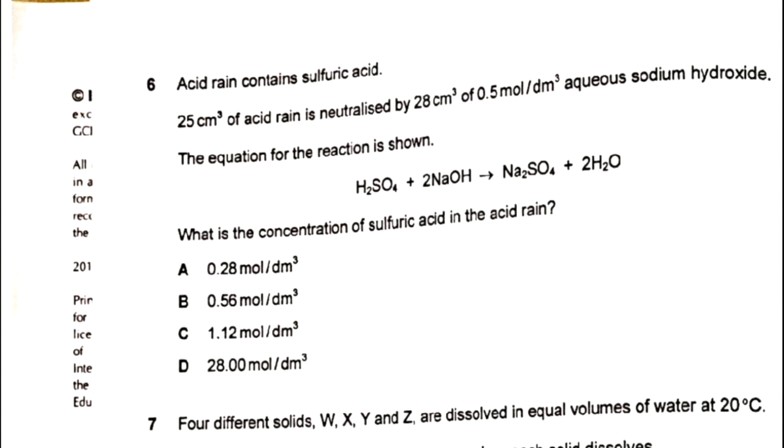Do we know how many moles of sulfuric acid are there? They never tell us. They only say that there's 25 cm cube acid rain and 28 cm cube of 0.5 mole per dm cube sodium hydroxide.